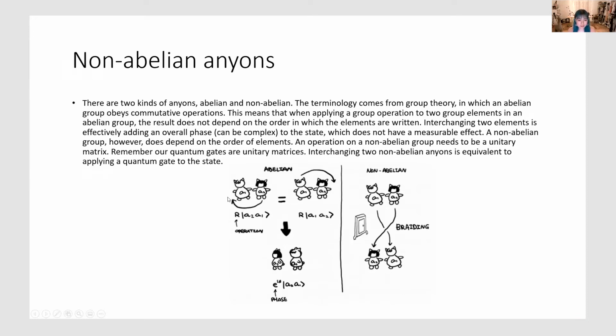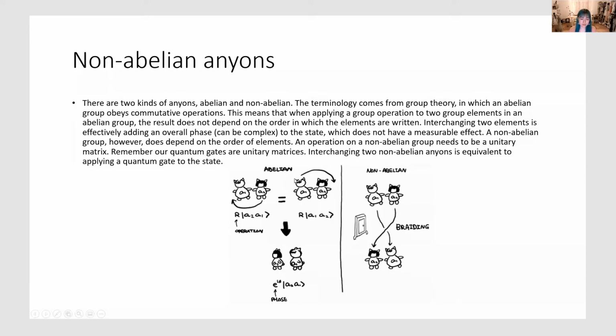What is abelian is probably familiar to more people. It just means that the order of the terms does not matter. If you have two elements in this group and you change their order, it is basically the same thing. You could be adding just a global phase to your state, and when you do measurements, the global phase doesn't really matter.